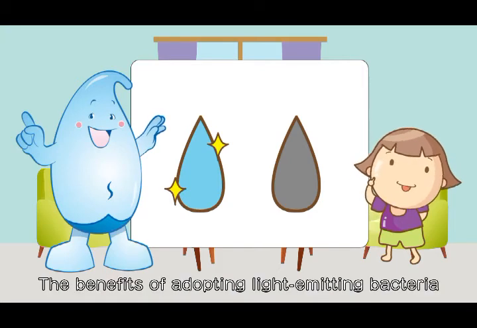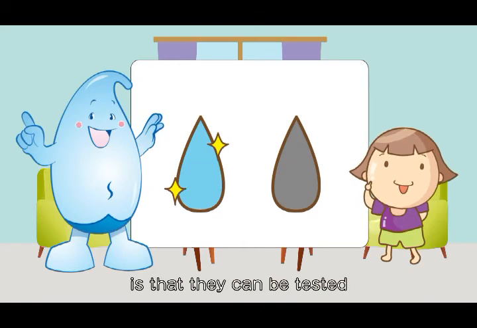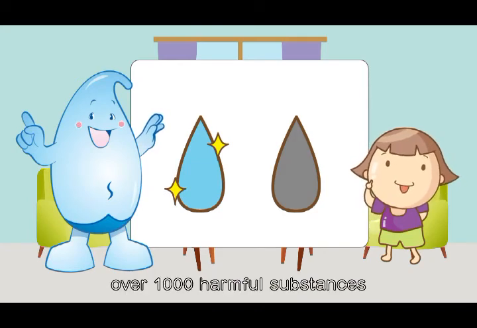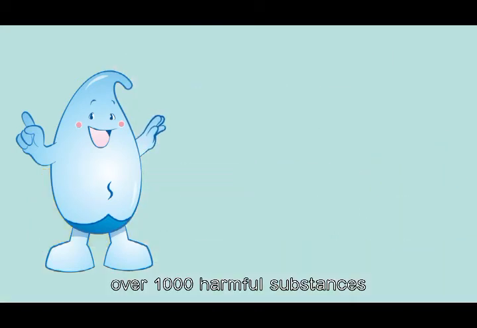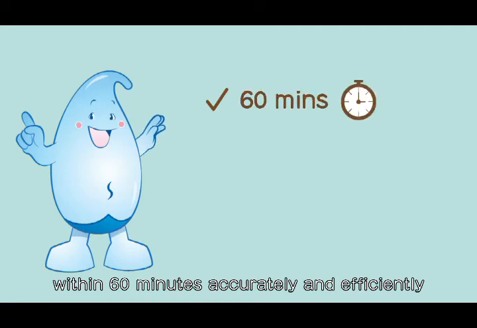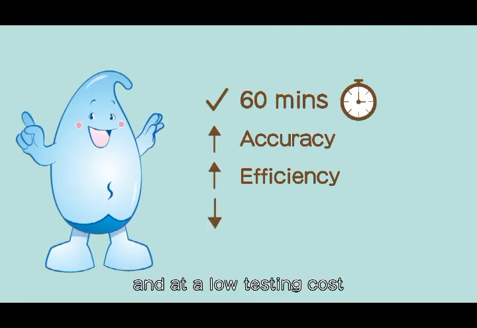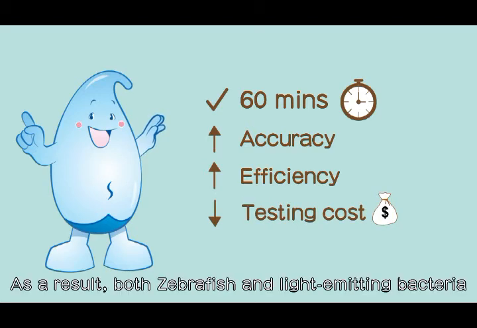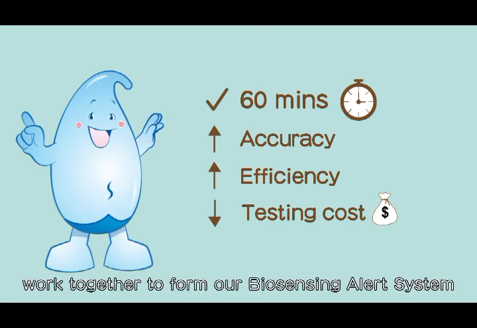The benefit of adopting light-emitting bacteria is that they can be tested over 1,000 harmful substances within 60 minutes accurately and efficiently, and at a low testing cost. As a result, both zebrafish and light-emitting bacteria work together to form our biosensing alert system.